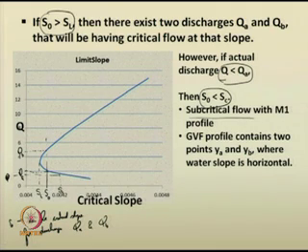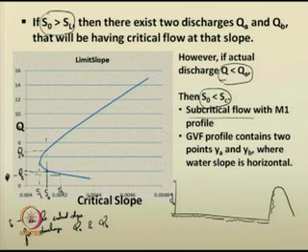If I want to plot them, say your bed profile, initially the normal depth yn, and you have the critical depth yc. So, from this normal depth, this is going to follow an M1 profile.